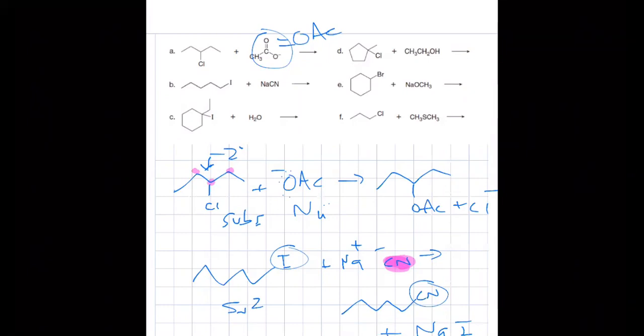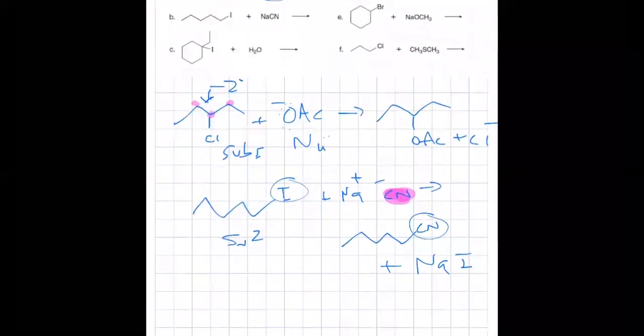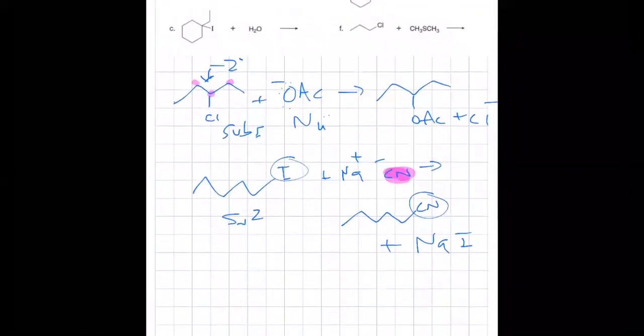All right, let's do C. What do you know about C right away? Mechanism wise, can it do SN1, SN2? No, it can't be SN2. Why not? Help me out. You're right.